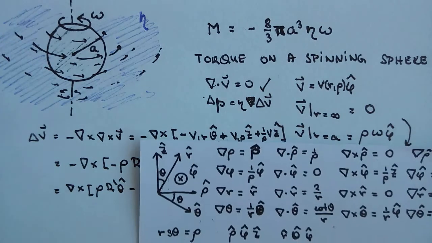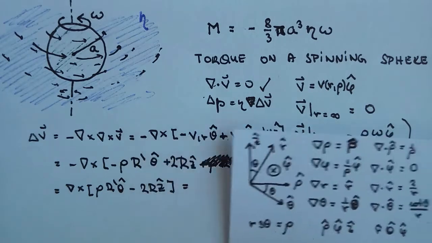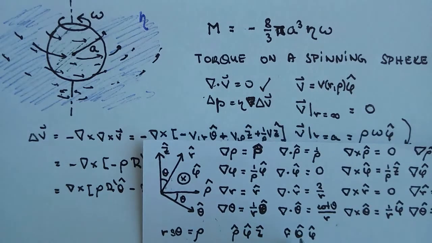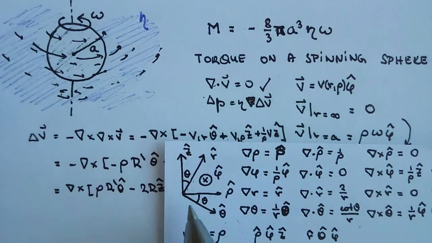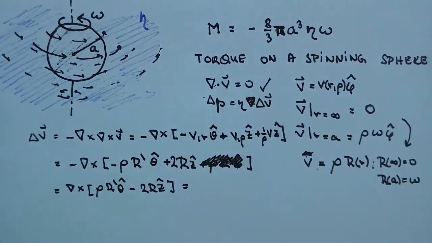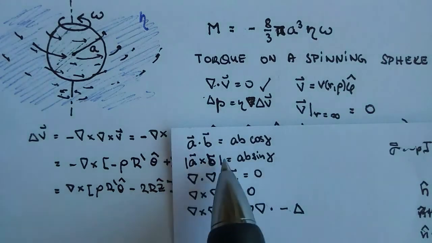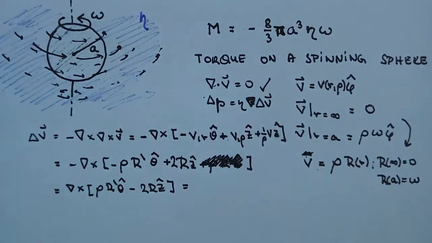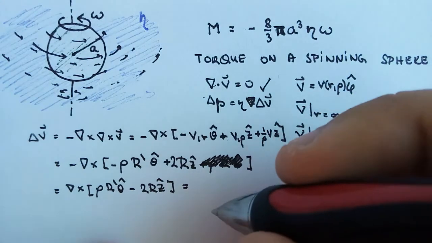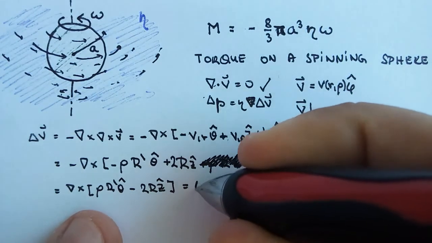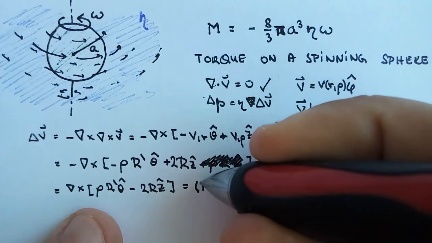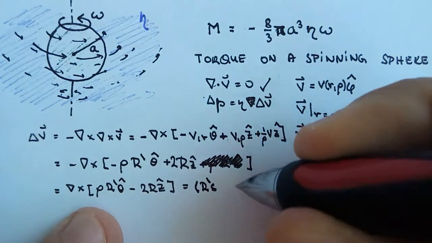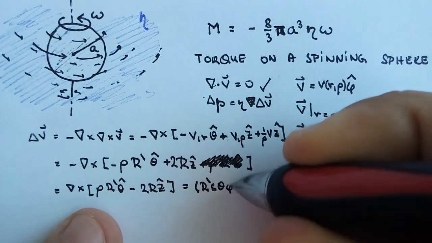Rho hat and theta are in the positive direction of phi, and there is a sign because we are using the cross product, so it's their magnitude times the sign. So this is going to be r prime sine of theta phi.